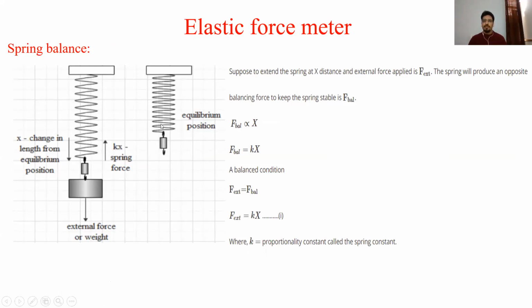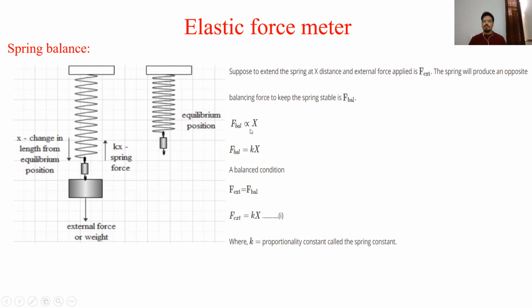We have not applied any force, but when we apply a force to the spring, our spring gets deflected with respect to the external force which we have applied. Now what is this deflection? Suppose the spring is extended by a distance x and the external force applied is F external, the spring will produce an opposite balancing force, F balance, to keep the spring stable.